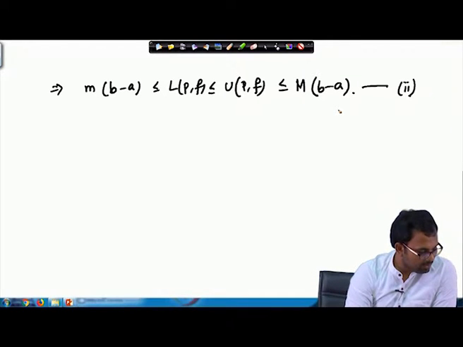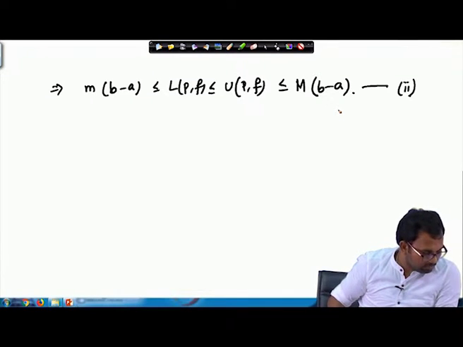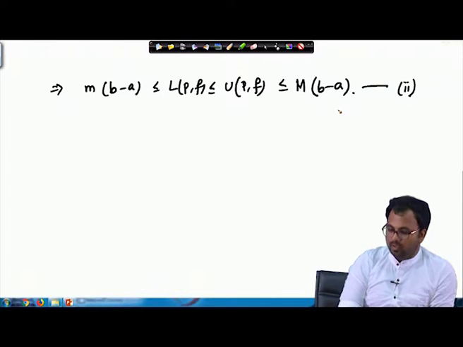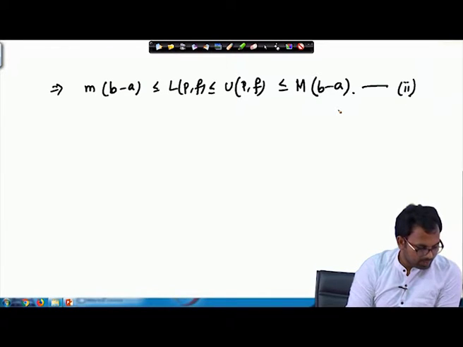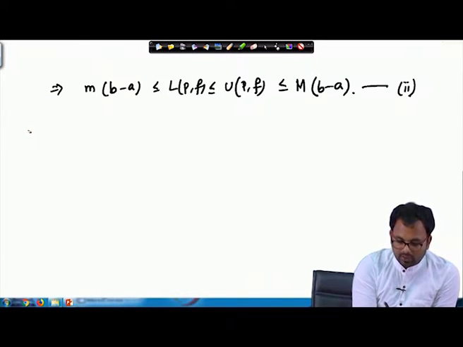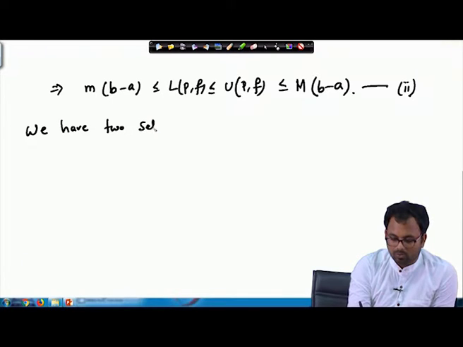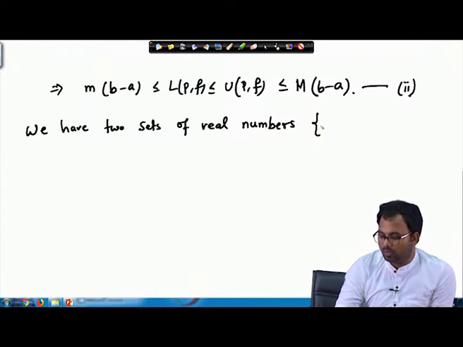Now, based on this, we can define two numbers. So here we have two sets of real numbers.